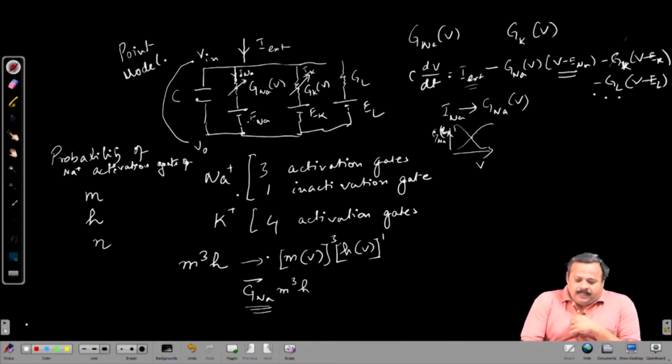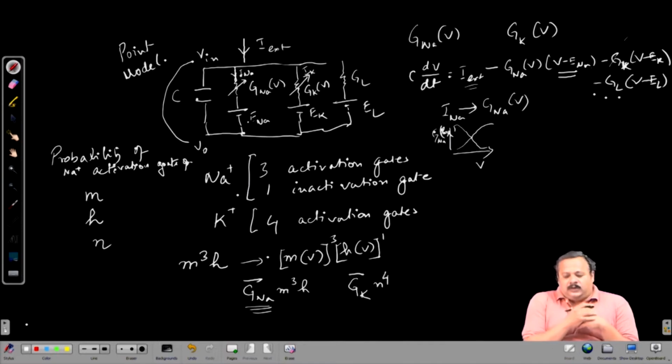And similarly, for the potassium, we have a total potassium conductance of GK bar times n to the power 4 that will describe the behavior of the conductance of the potassium channels.